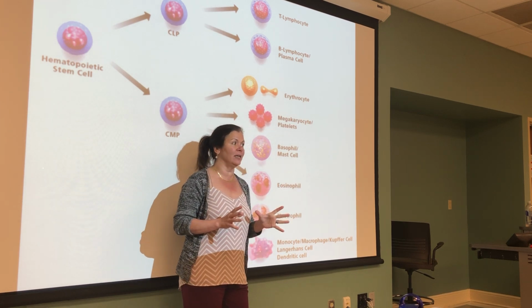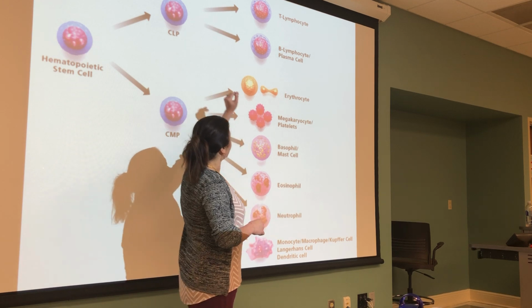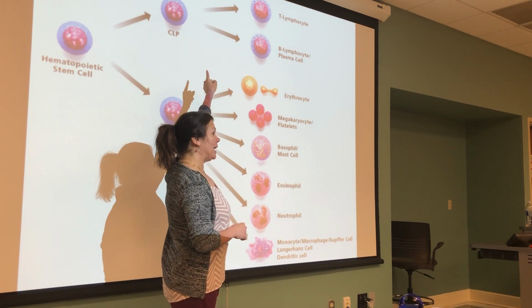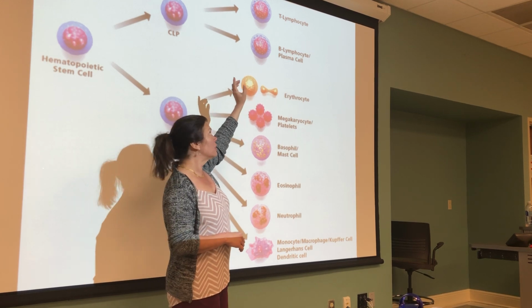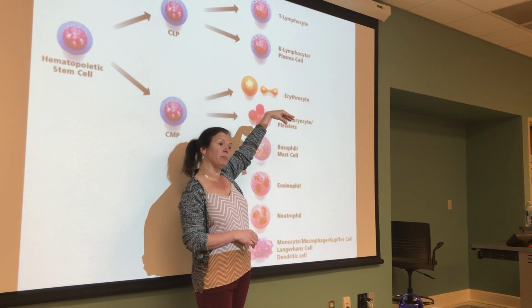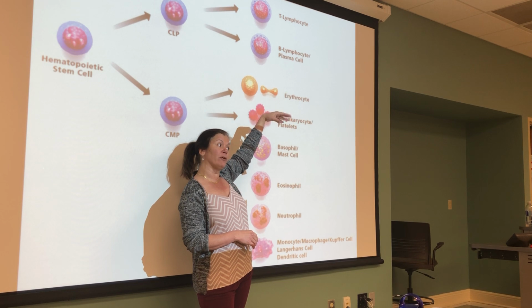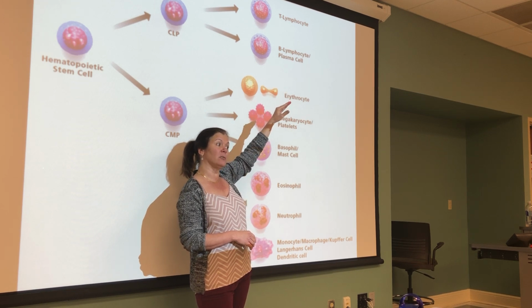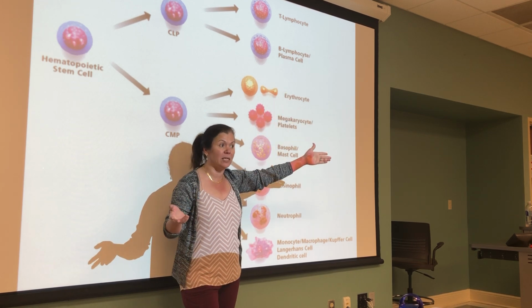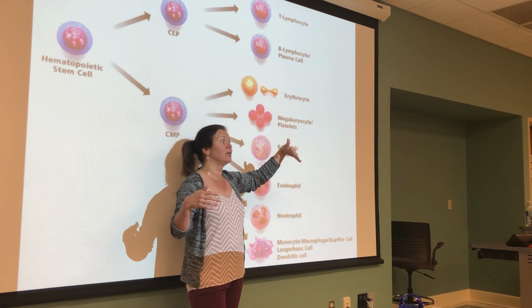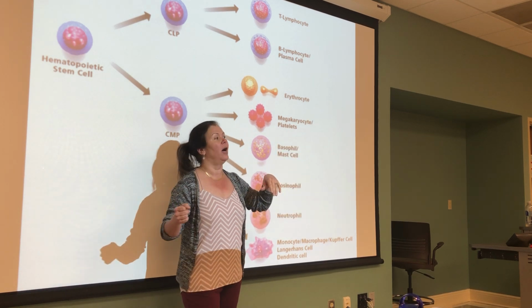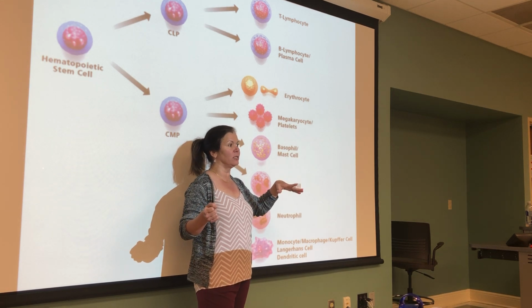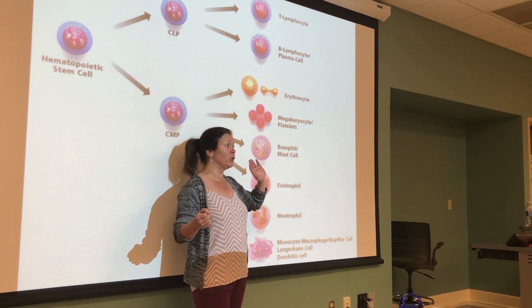Now, I'm not saying that if you have, for example, ALL or CLL, even though the lymphoid lineage, lymphocytes B and T's, are the ones most affected, and the patient's immune system presentation is affected, as well as infectious process being the highest prevalent clinical symptom in this patient, it is not the only factor.